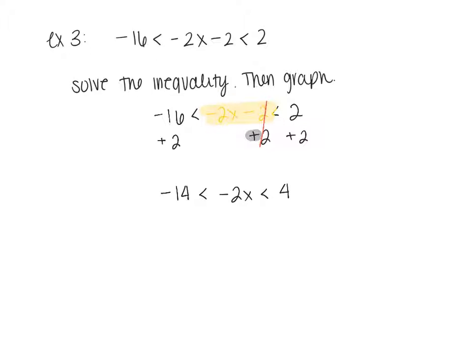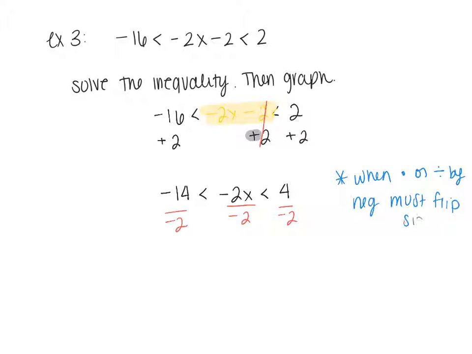So now I go back to the middle. I still want to get x by itself, so I'm going to divide by negative 2, divide by negative 2, divide by negative 2. Do not mess this up. When you multiply or divide by a negative number, you have to flip the sign. And in this case, flip both signs.